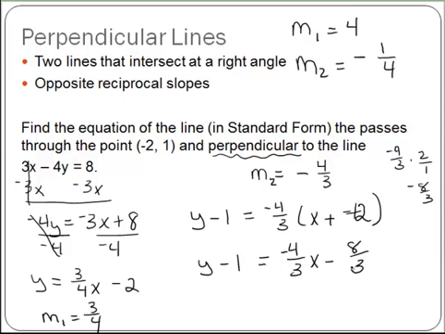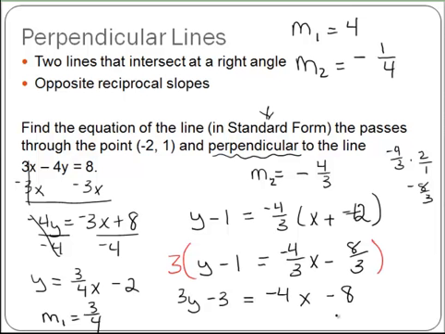At this point, you actually have a couple of choices. I think since we're trying to put it in standard form, we know we can't have any fractions. So what I'm going to do is multiply everything by 3. That'll get rid of these fractions. So I get 3y minus 3 equals negative 4x minus 8.